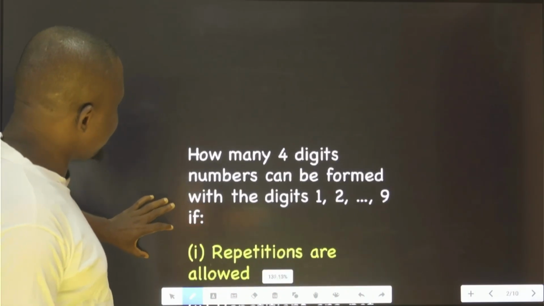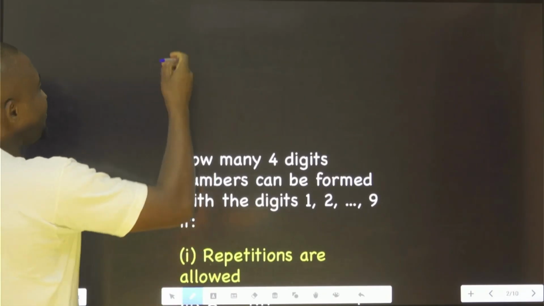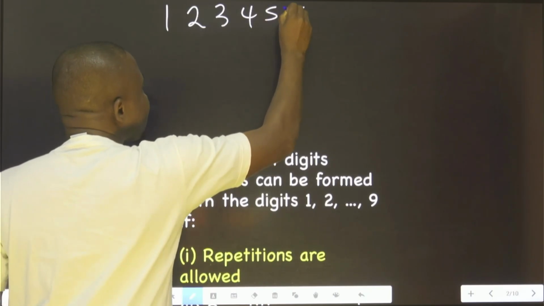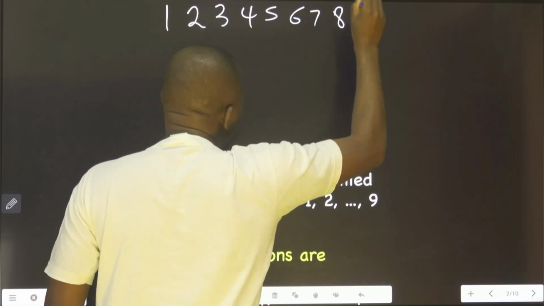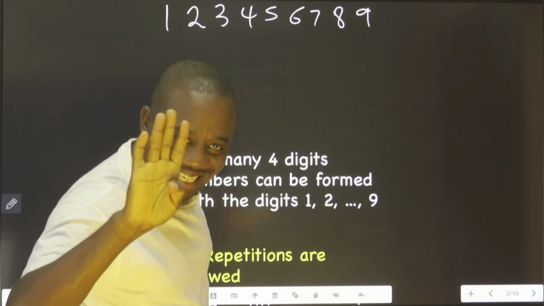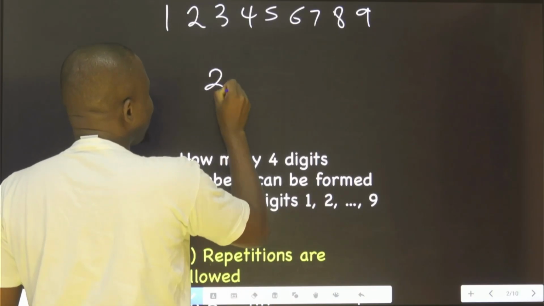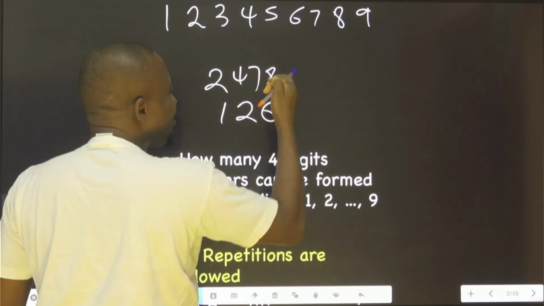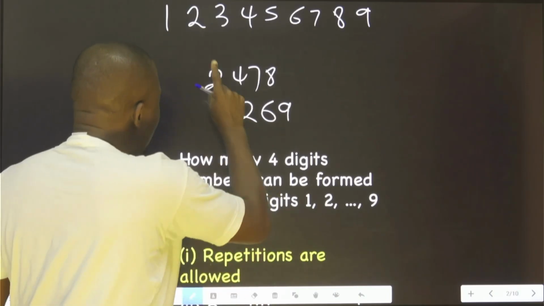I take this down. First, we have 1, 2, 3, 4, 5, 6, 7, 8, 9. From this, we want to form 4 digits. That is, it could be 2, 4, 7, 8, or 1, 2, 6, 9. 4 digits: 1, 2, 3, 4.